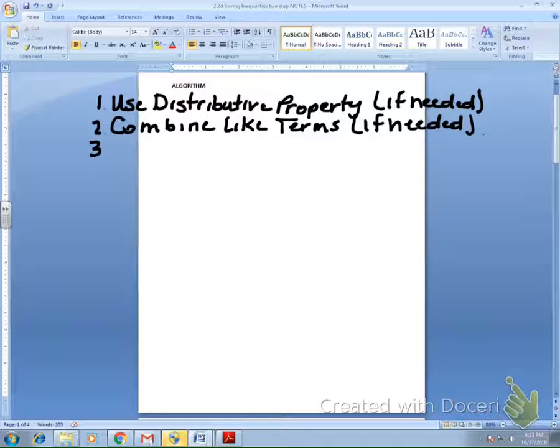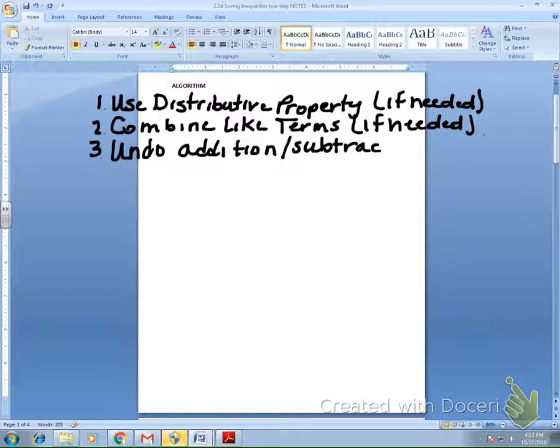The third step is undo addition and subtraction. So remember, we're going to start on the side of the inequality that has the variable, and then if we need to undo addition or subtraction, we're going to do that. Then we're going to do the same thing to the other side of the inequality sign.